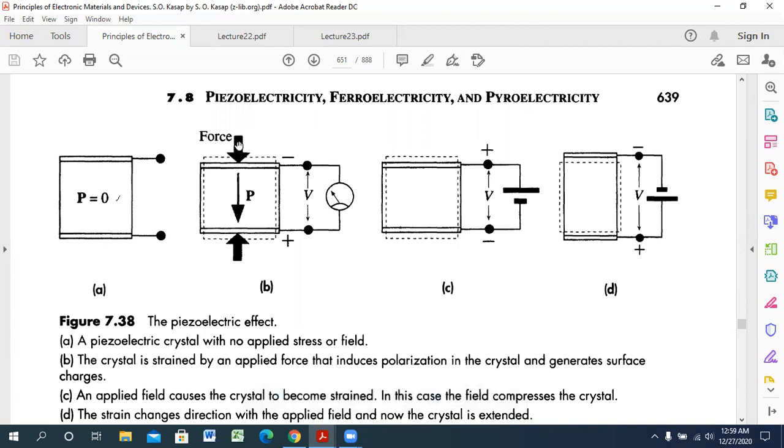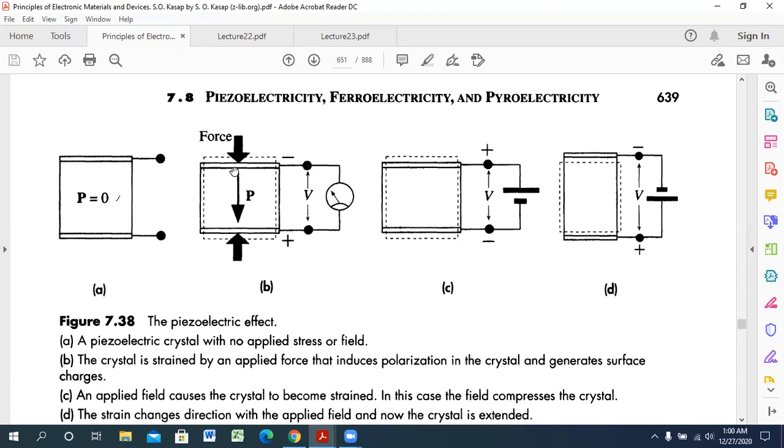Whenever we apply some forces on this material, then that material will experience a pressure, right? That pressure will generate some free charges at the surface, so there will be some difference of charges on the two surfaces. And this difference of charges will generate some voltage, and that one is known as piezoelectricity. Okay. So I think this is clear.